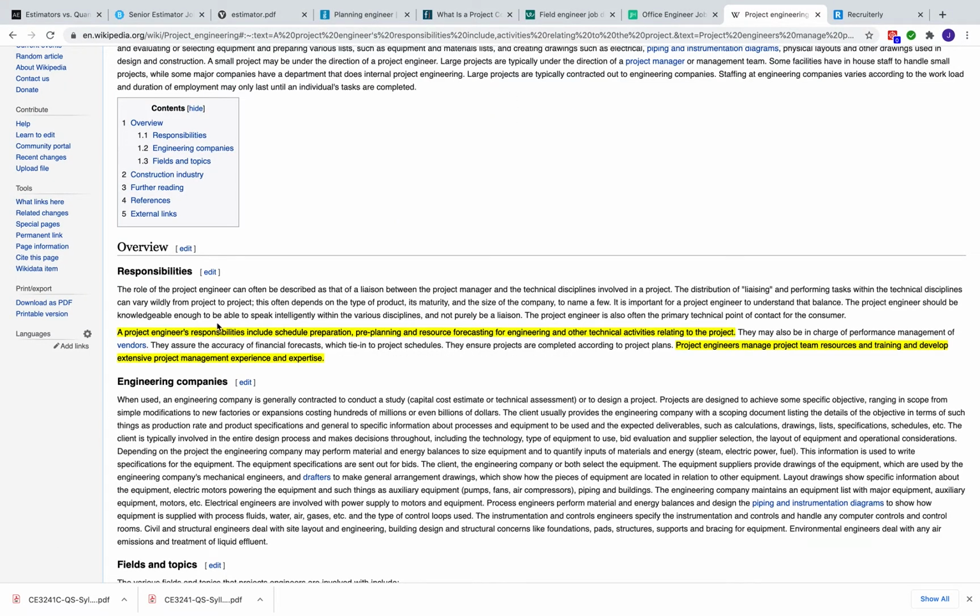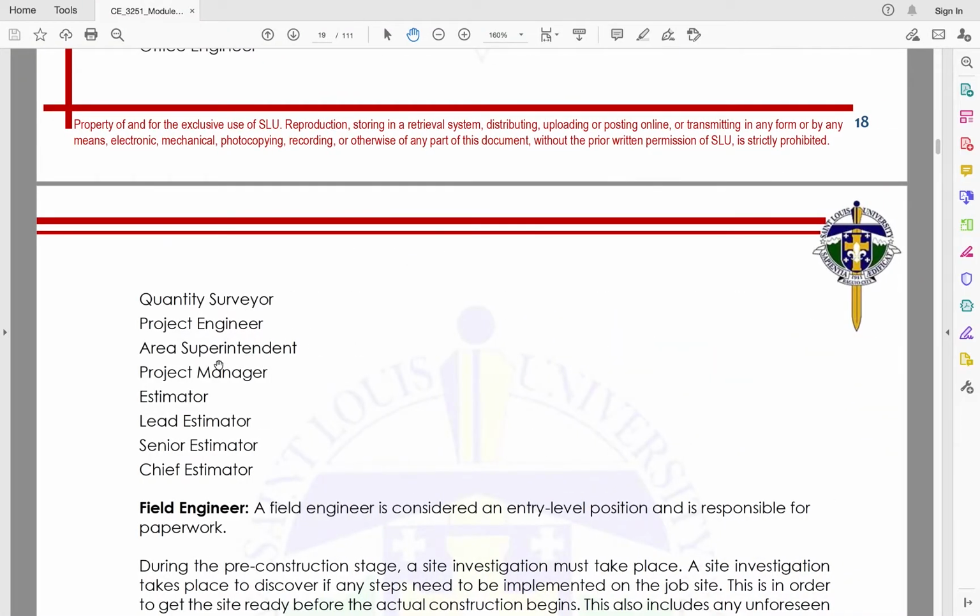A project engineer's responsibility includes schedule preparation, pre-planning, and resource forecasting for engineering and other technical activities relating to the project. So that is the function of a project engineer. And it is also their function to manage project team resources and training and develop extensive project management experience and expertise.